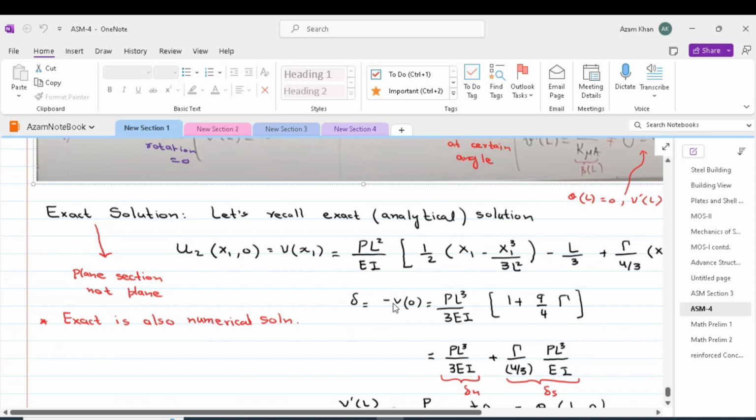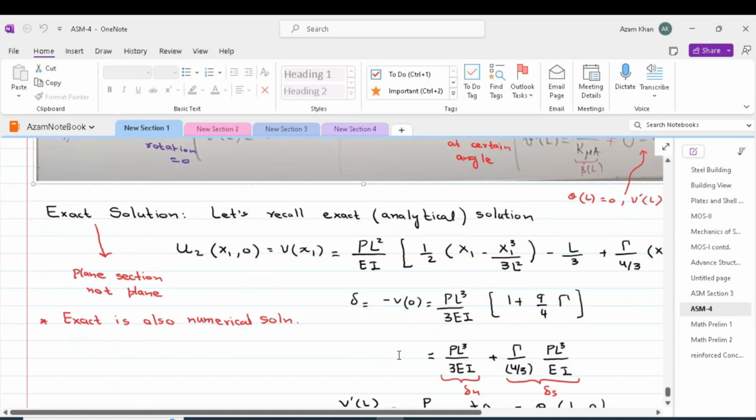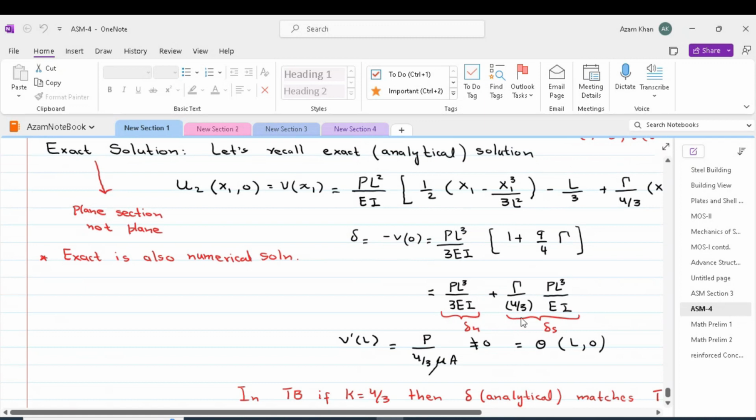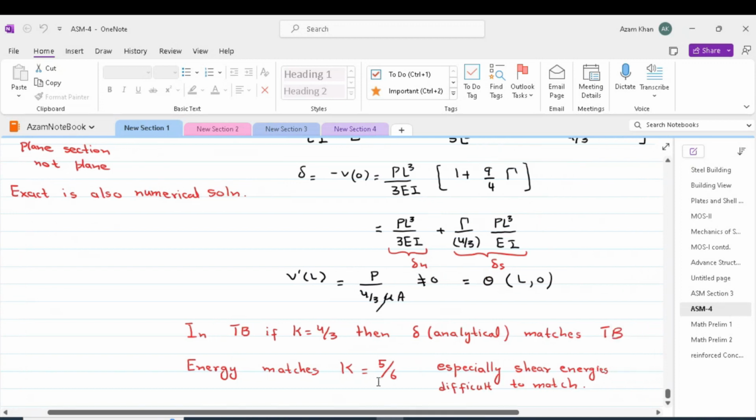However, if we try to find out the energy within the system, or the energy at the free end, we will see that it will not match. The Timoshenko beam theory will not match with the exact solution. Instead of K equal to 4 by 3, we will have to use K equal to 5 by 6 in order to match the shear energies.